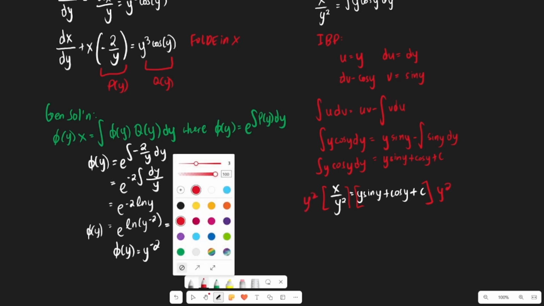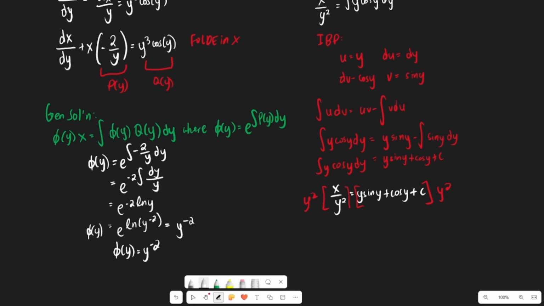So we're going to have x is equal to y cubed sine y plus y squared cosine y plus c y squared. So this is now our general solution.